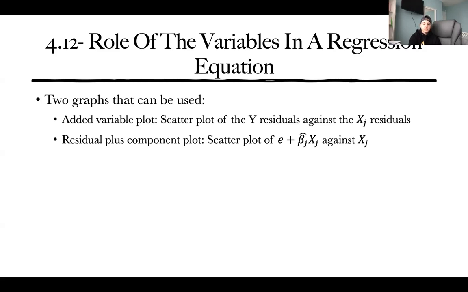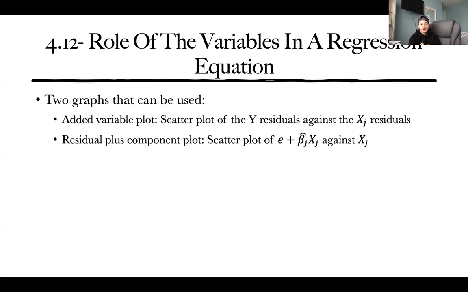Our added variable plot allows for a graph to see the magnitude of the regression coefficient of the new variable that is being considered. The added variable plot for x sub j is the scatter plot of the y residuals against the x sub j residuals.